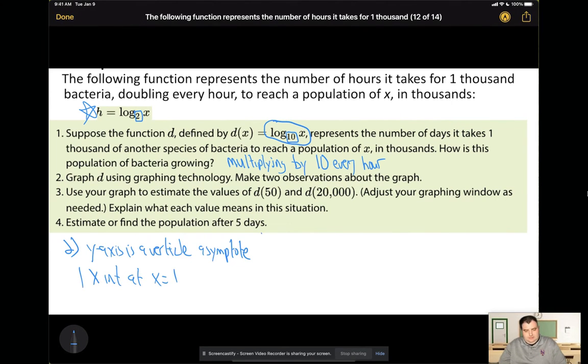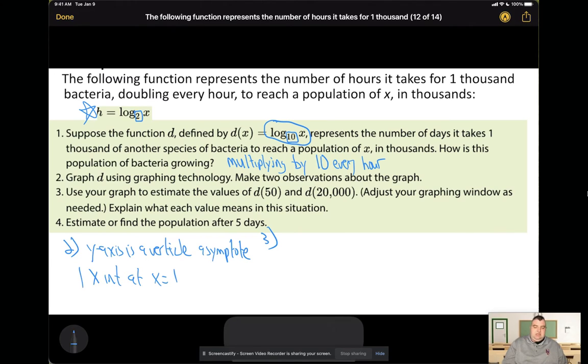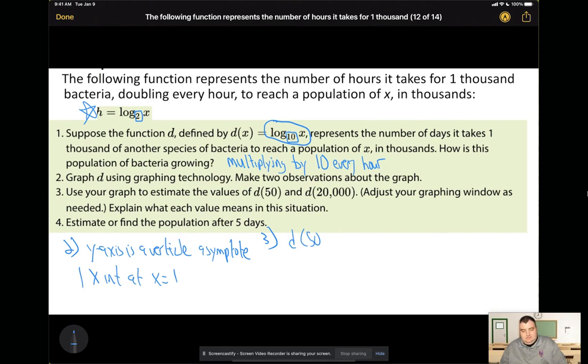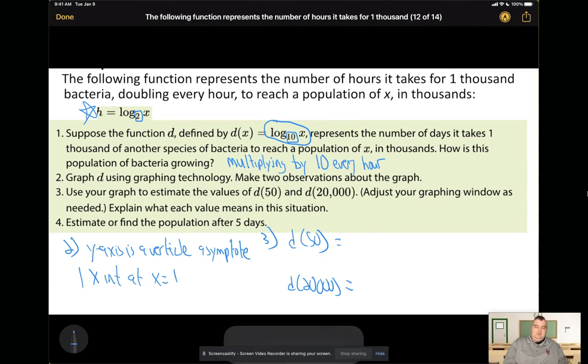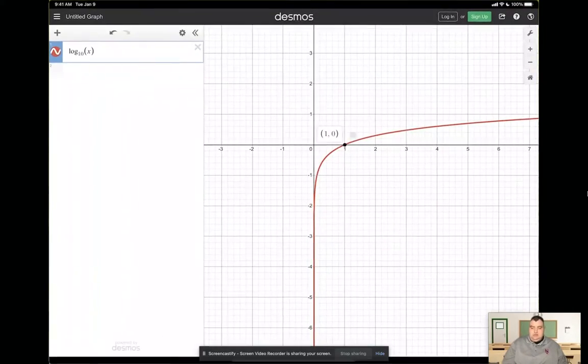So number 3, use your graph to estimate the values of d of 50 and d of 20,000. So let's do d of 50 first.